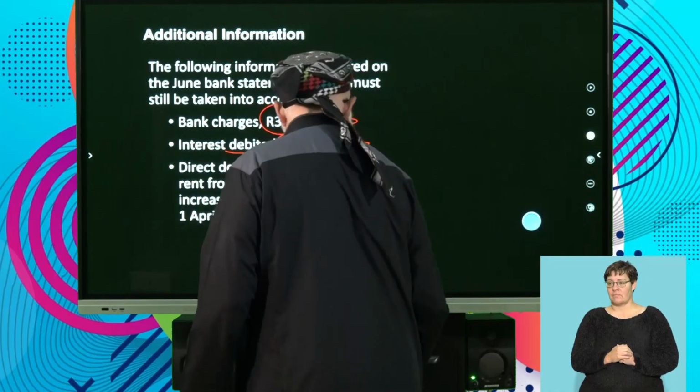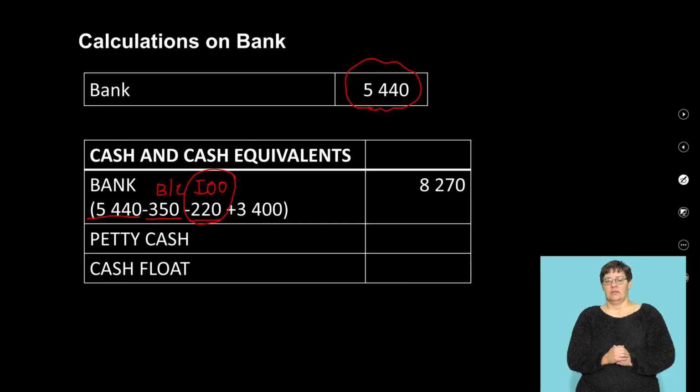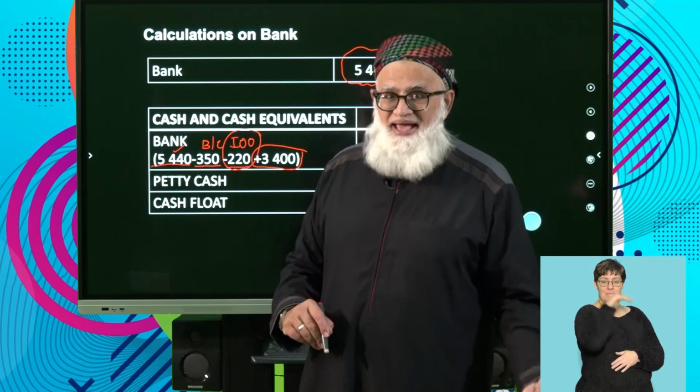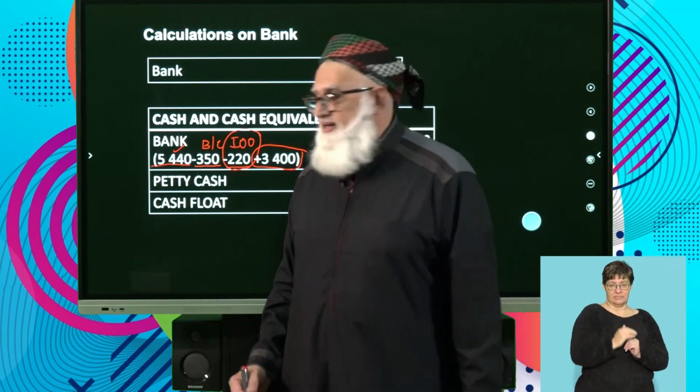Therefore, we say 5,440, which was my starting figure, minus the bank charges, minus the interest on overdraft, and plus the 3,400. Clearly you can see that was your rent amount directly deposited into your bank account, so it is going to increase your bank account.